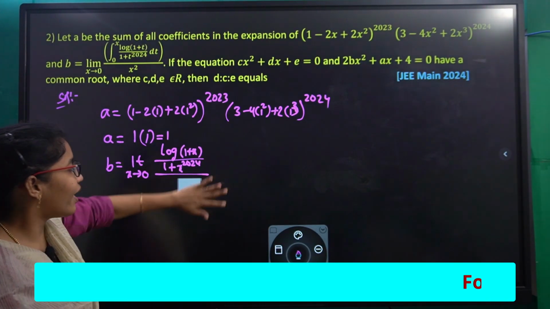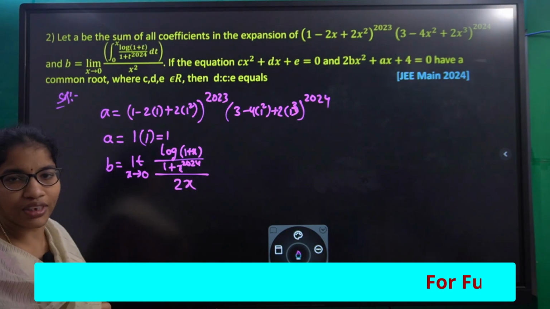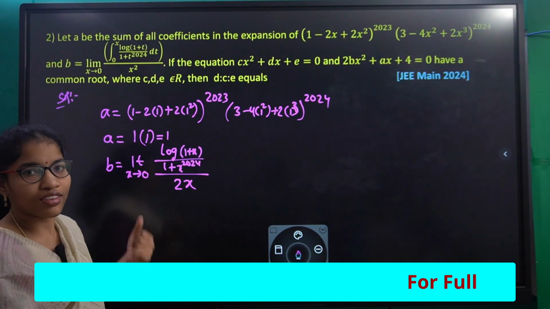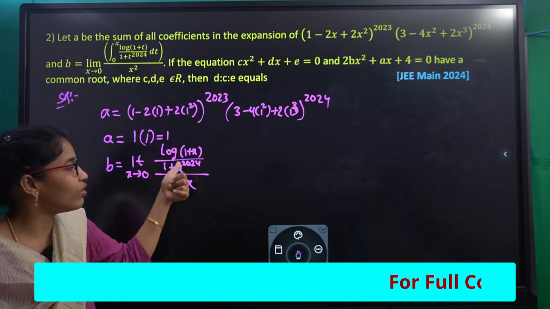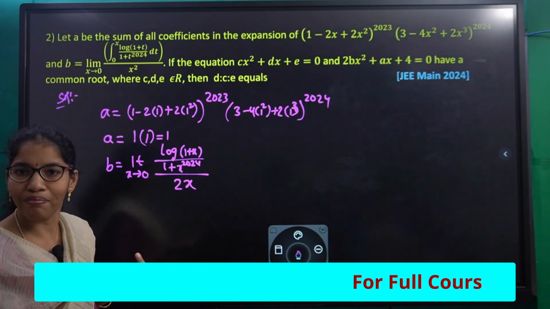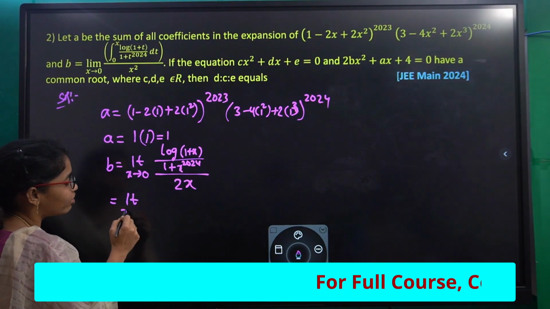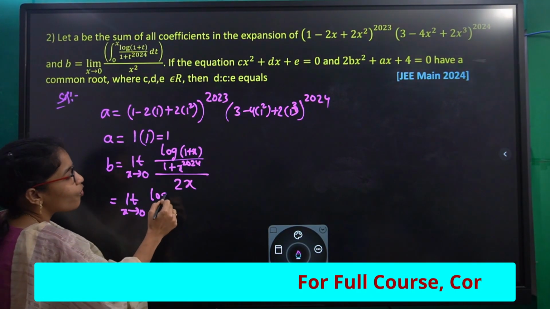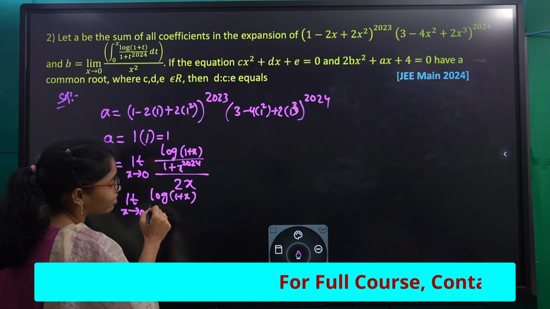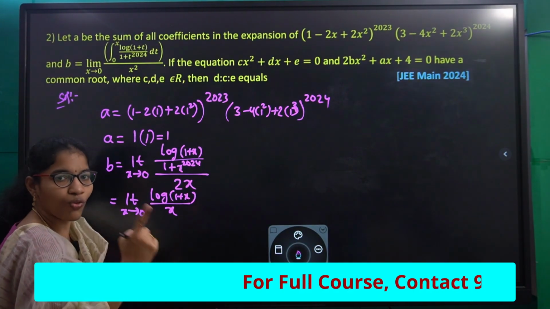Now we have to differentiate the denominator also, which is 2x. Now again apply 0 here: log 1 by 0, again 0 by 0, but here we have the form limit x tends to 0 of log(1 plus x) by x.